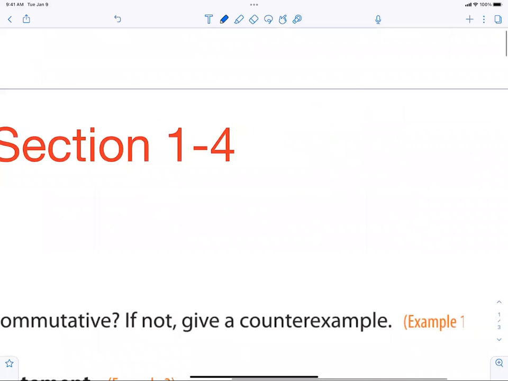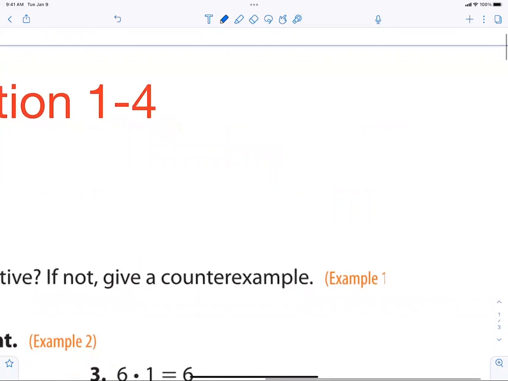The next ones are the identities. Now we have an additive identity. Who can tell me what additive identity probably means? Addition what?